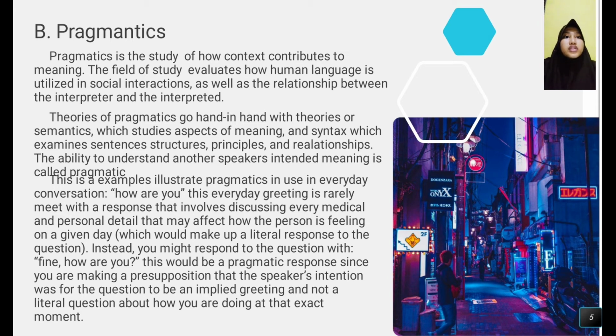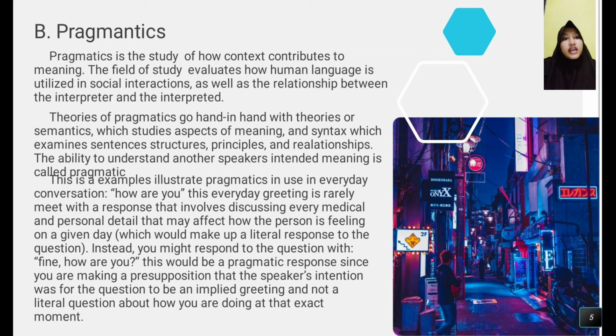The theories of pragmatics go hand in hand with theories of semantics, which studies aspects of meaning, and syntax, which examines sentence structure, principles, and relationships. The ability to understand another speaker's intended meaning is called pragmatics.